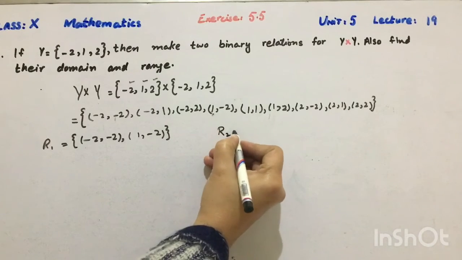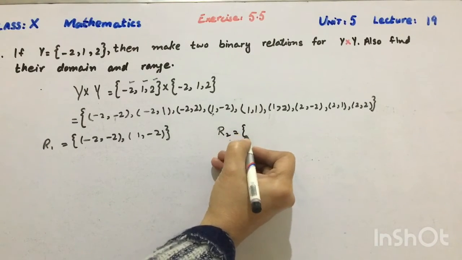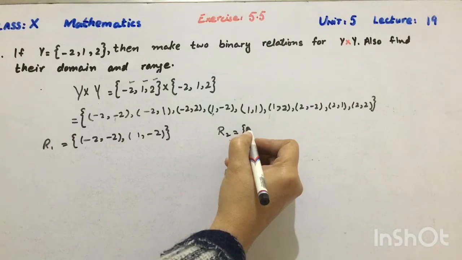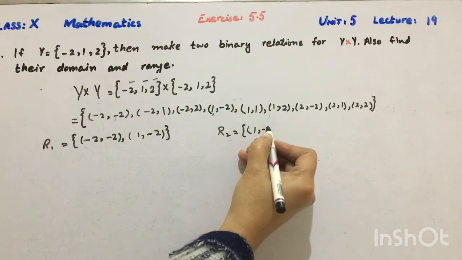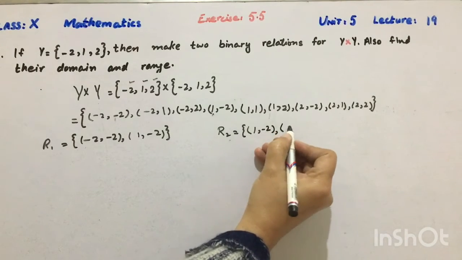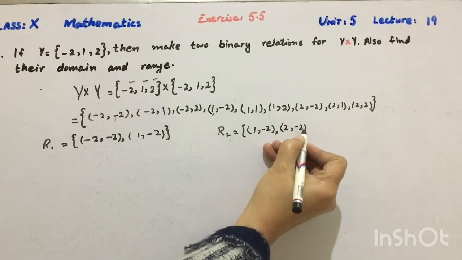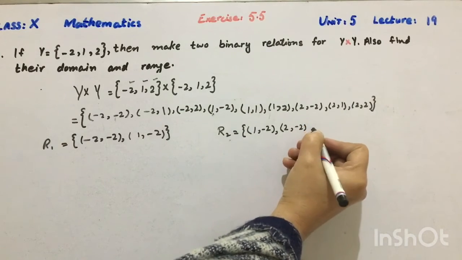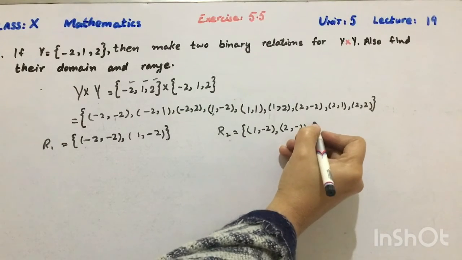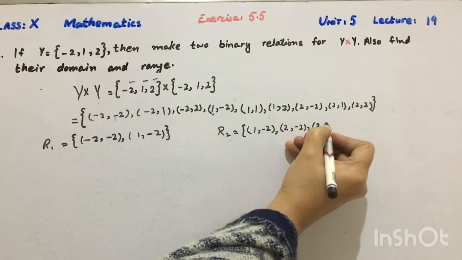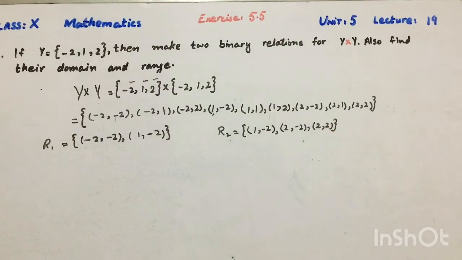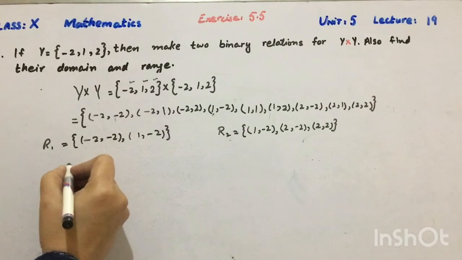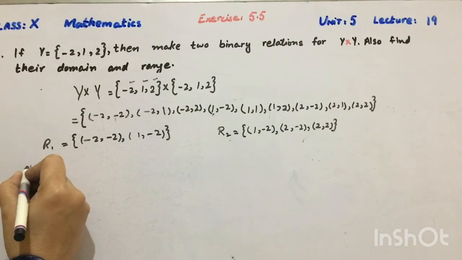whereas for relation 2, I am taking any three ordered pairs from the product of Y into Y. You can take any ordered pairs for making a relation. Now what is domain?